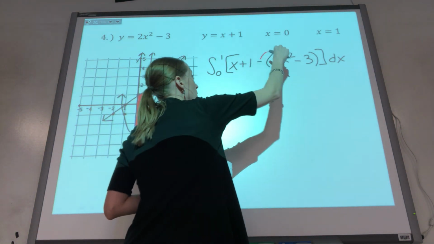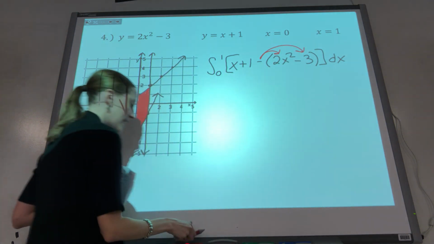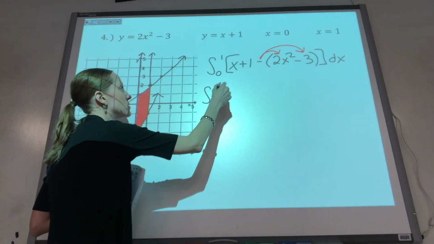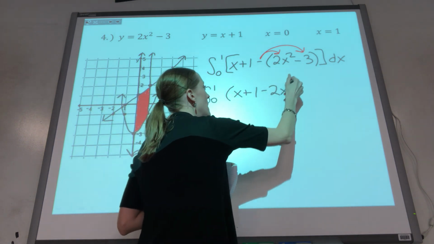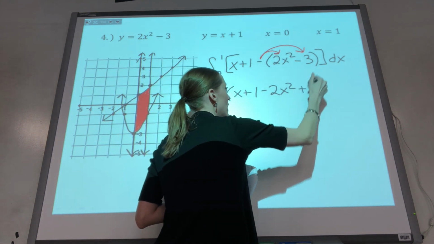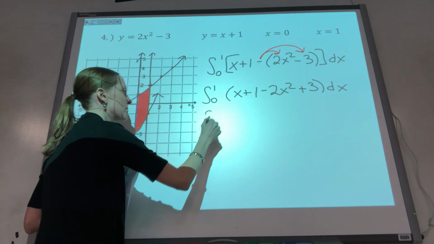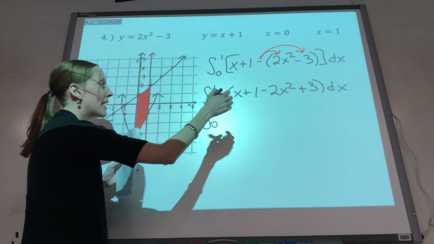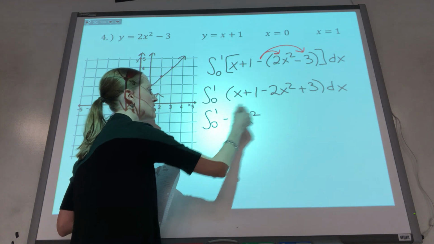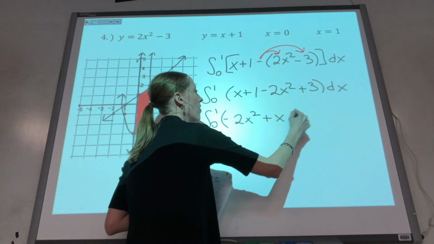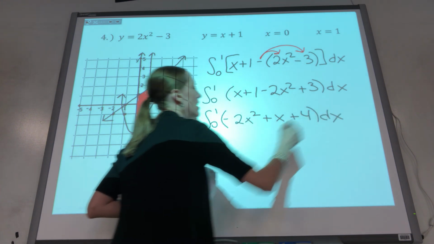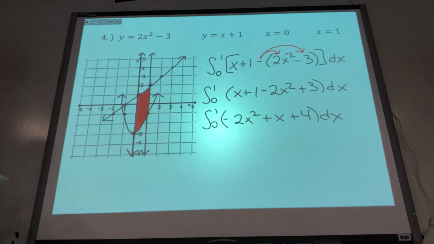So distribute the negative. Again, that's quite possibly one of the most common mistakes. It'll turn into x plus 1 minus 2x squared plus 3. So combining my like terms, and I'm going to rearrange it a little bit, I'll have negative 2x squared plus x plus 4. And then all of that gets integrated with respect to x.